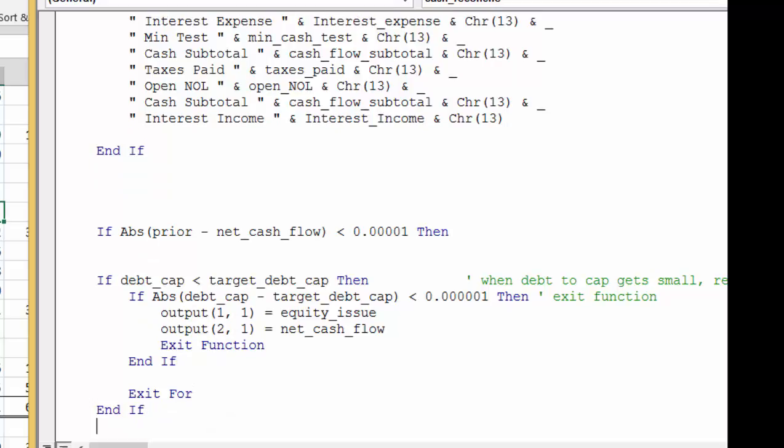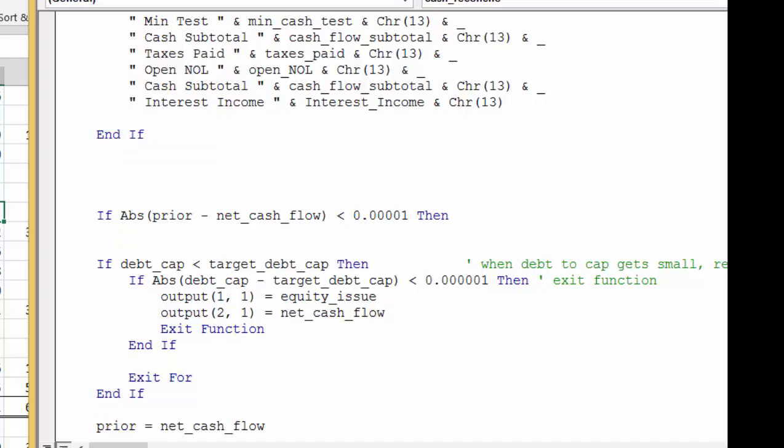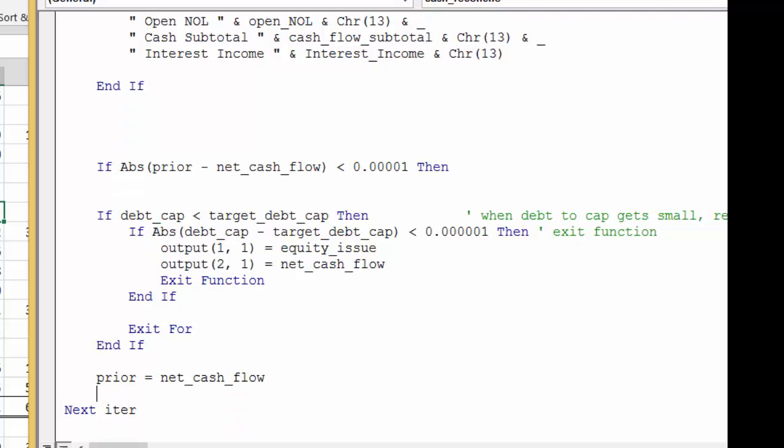Now, it's possible whenever you do this, you better have a counter. And somewhere down here, this should be next equity issue. And if count is greater than, let's say, 300, then we'll do the same thing.